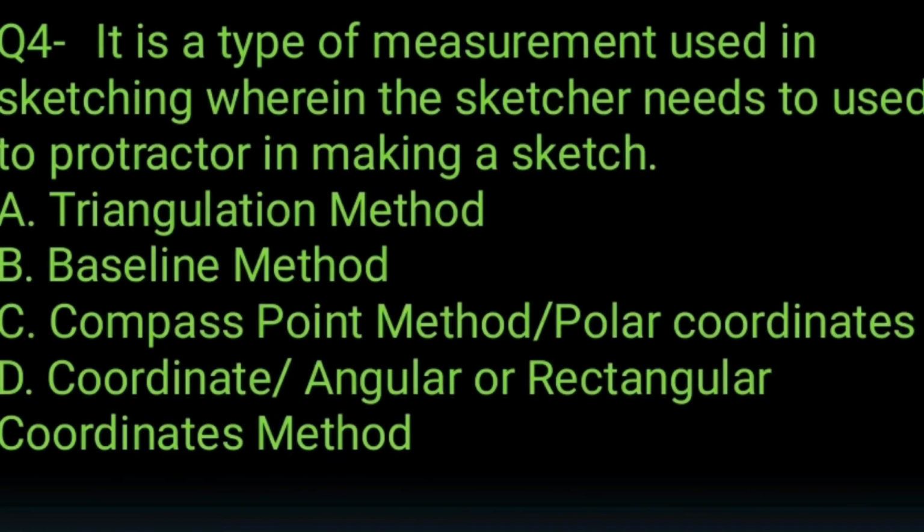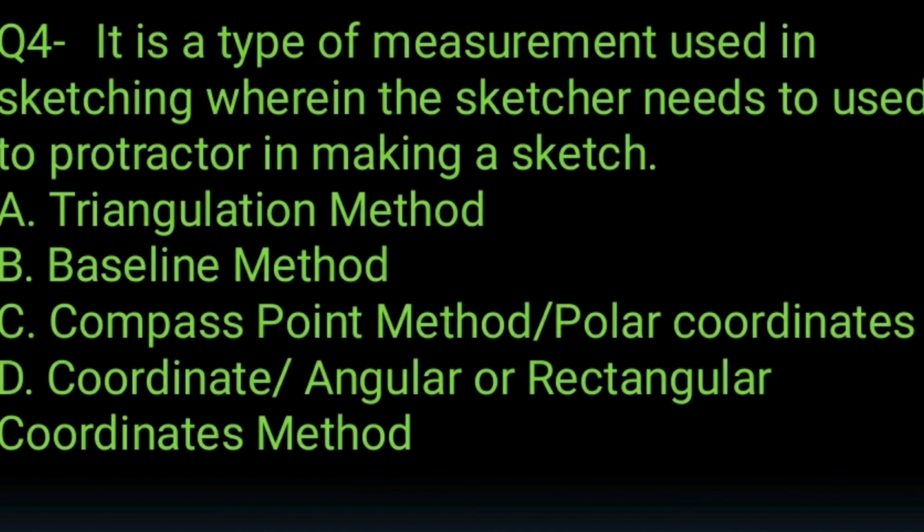Then, next question, question number 4. It is the type of measurement used in sketching wherein the sketcher needs to use protractor in making a sketch. Letter A, triangulation method. Letter B, baseline method.